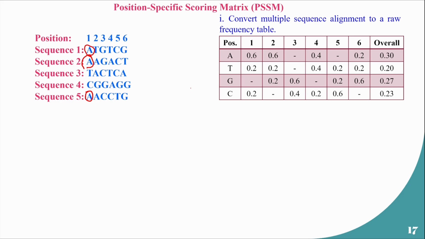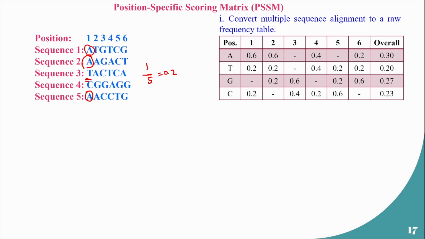And then you have to just fill out the entire matrix. For example, if you are asked what the score would be for threonine at position 1, you just count. There is only 1 threonine at position 1, so it will be 1 by 5, which equals 0.2.